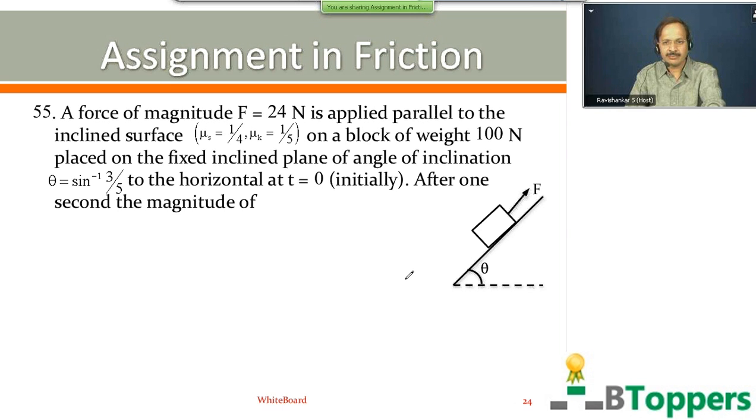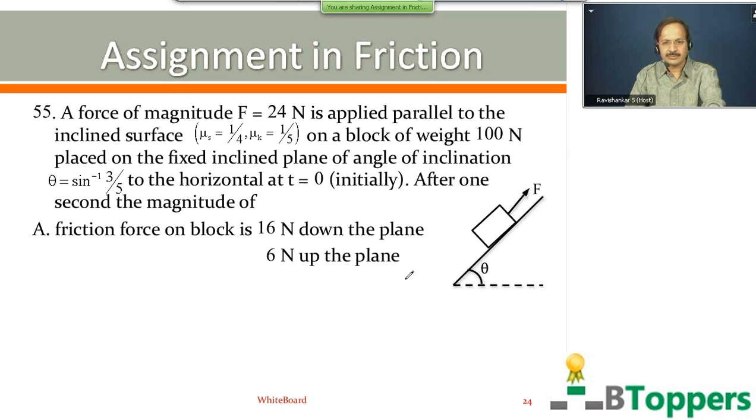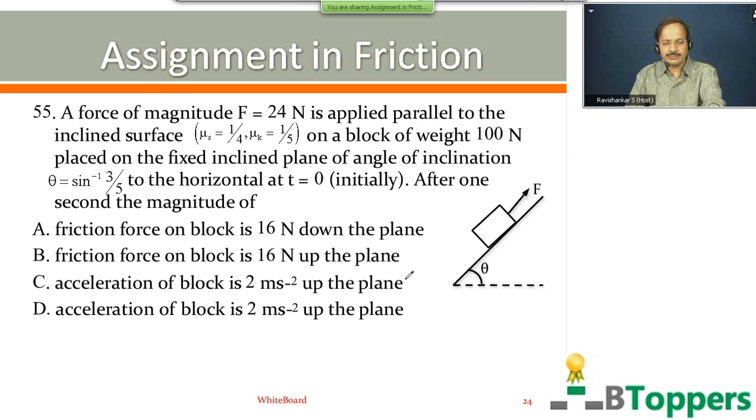At t equal to 0, after 1 second, you have to find the magnitude of friction force on the block after 1 second, and also the magnitude of the acceleration of the block after 1 second. That means you have to assume that the block is initially at rest and the force is applied on the block at the initial moment.